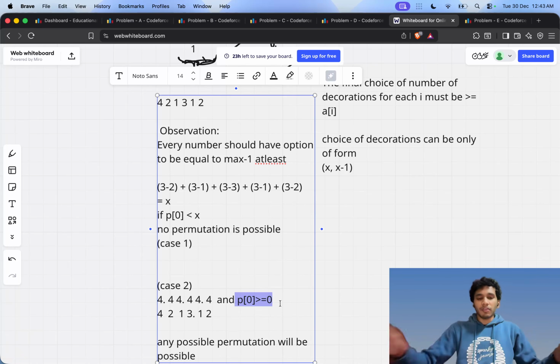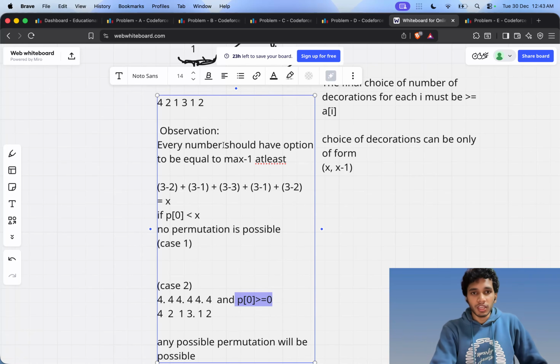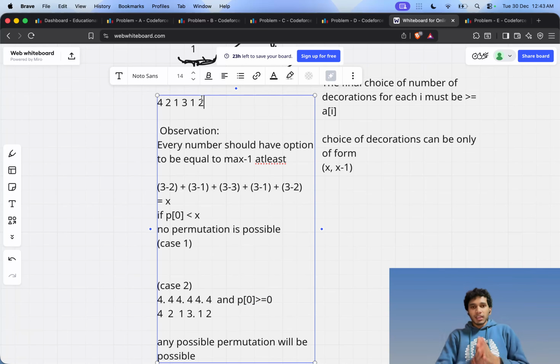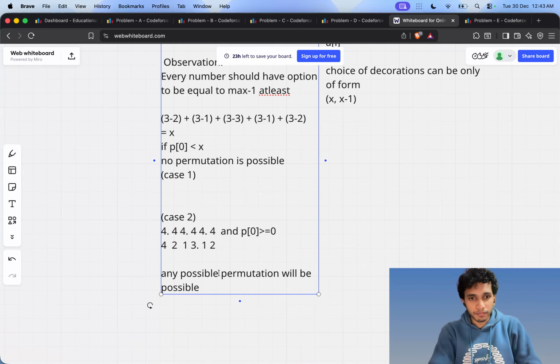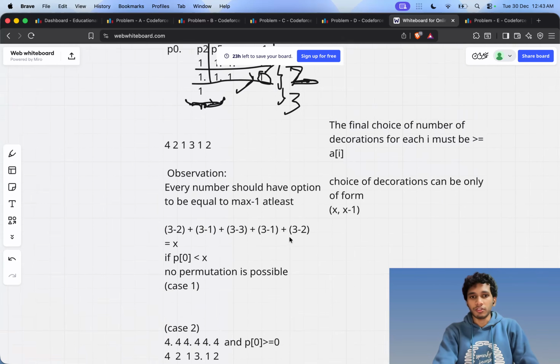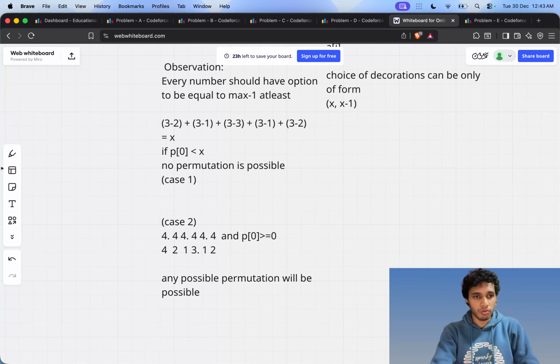He gives value to everybody, irrespective of what initial value he has. So everyone can reach 5. If 1 can reach 5, 4 can also reach 5, and vice versa. So every particular permutation is possible. Alright, this is what case 2 says.